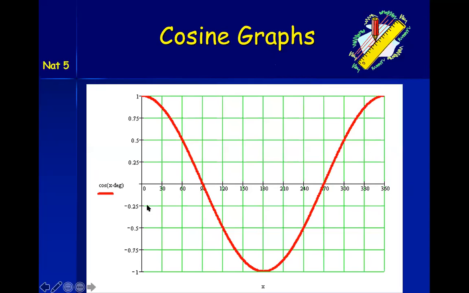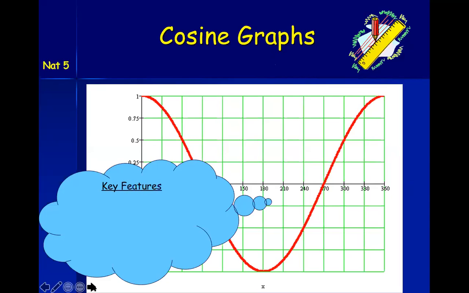Whereas if you're given a cosine, you will see it starts and comes down first. That's how you can tell the difference. A sine will always go up first, or go down first if you've got a negative in front.